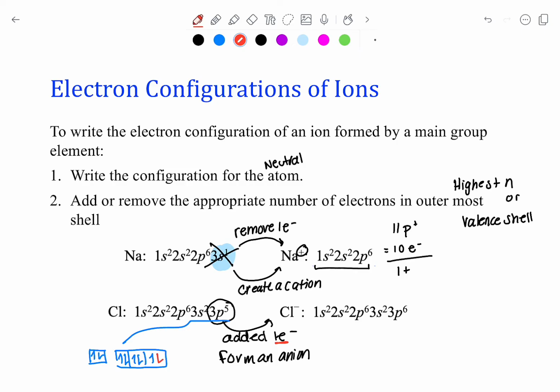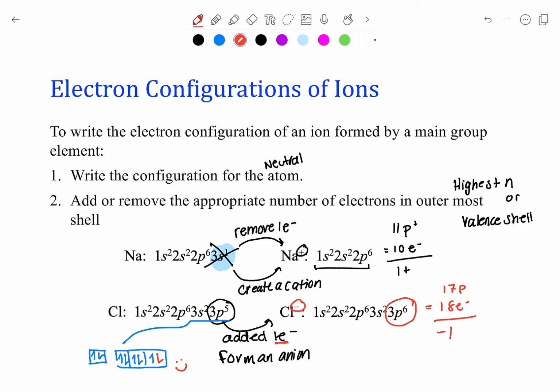And that's so that we can have that filled p orbital shell, because a full shell makes our elements happy. So our ion configuration now has that 3p6 there, so we have a total of 18 electrons. Chlorine has 17 protons, so if we subtract those, we get a 1 minus charge, which relates to our 1 minus charge on chlorine.